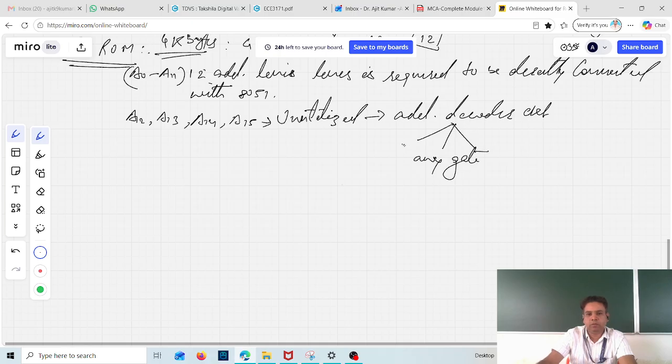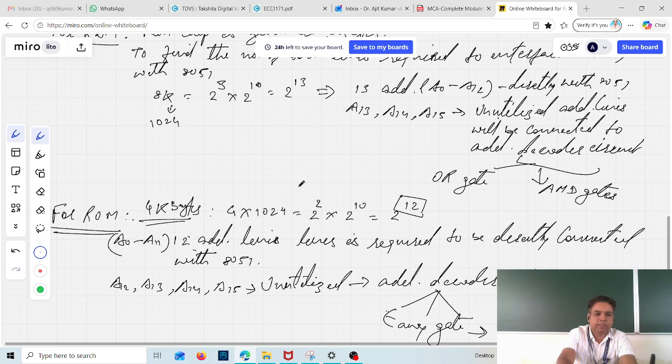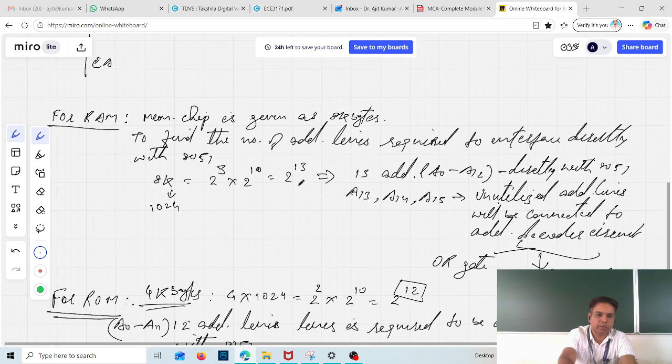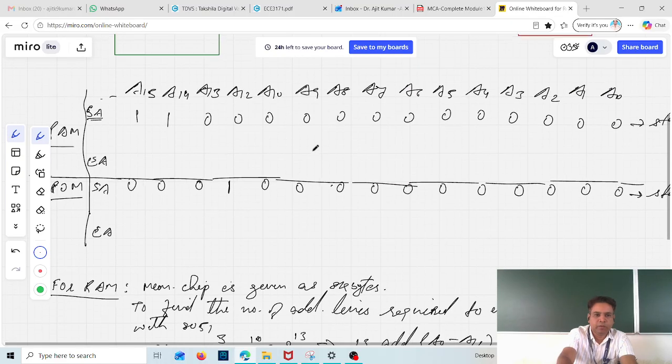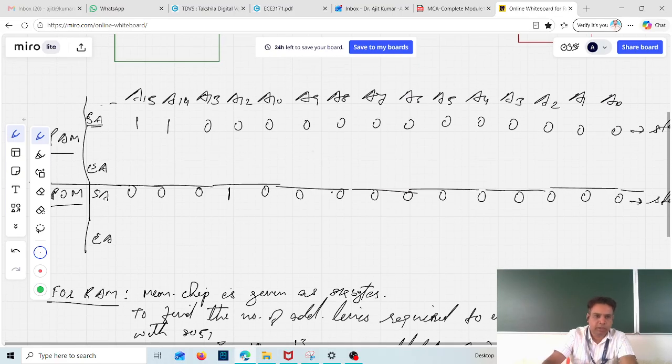Fine. So this one we will see. Now we will segregate the complete address line into two parts: the utilized lines, which are going to be directly connected, and the unutilized lines, which will be connected as input. For the RAM, the segregation happens from A0 to A12, and then A13 to A15.